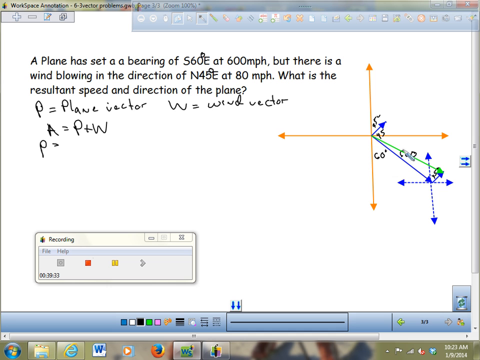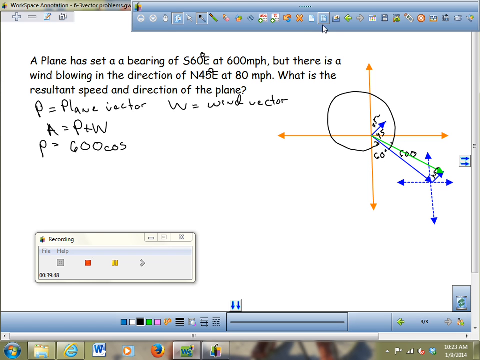So P equals, he's trying to go 600 cosine of this angle from here to here, not from there to there. I was wrong. Okay. 600. I want to know this angle from there to there. What's that angle?